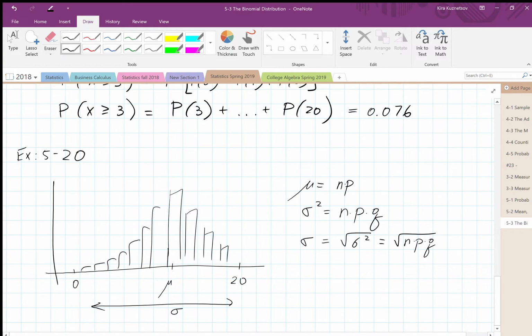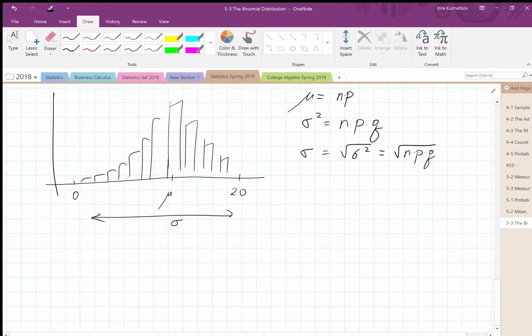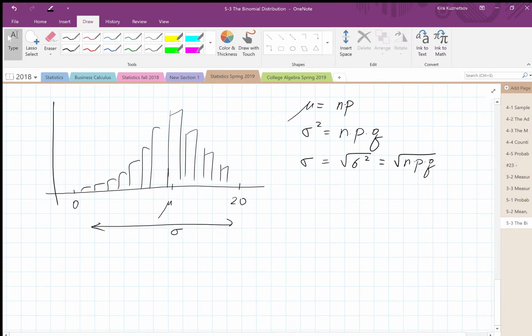Okay, so what I'm going to talk about is example 5-23. It's an 8-sided die with numbers 1 through 8 on the faces, and it's rolled 560 times. Find the mean, variance, and standard deviation of the number 7 that will be rolled.